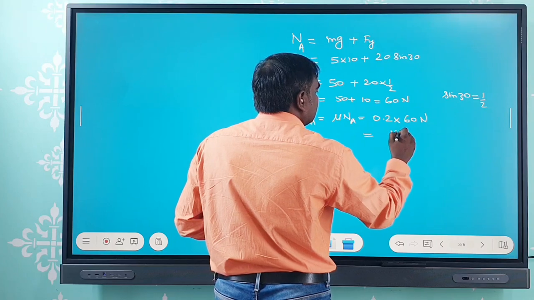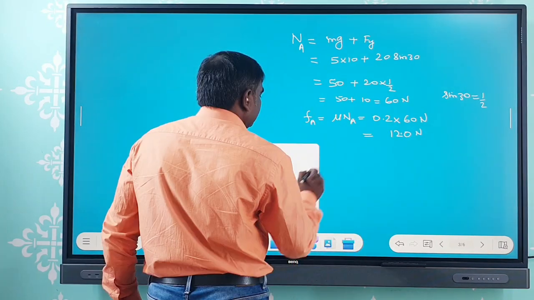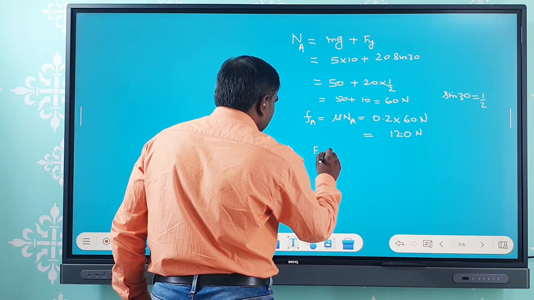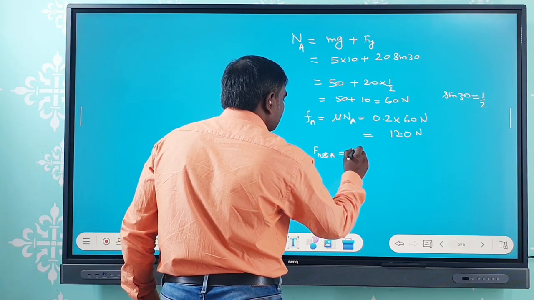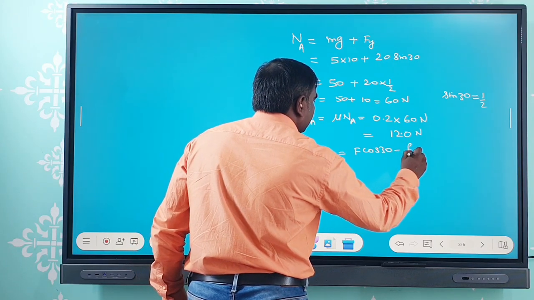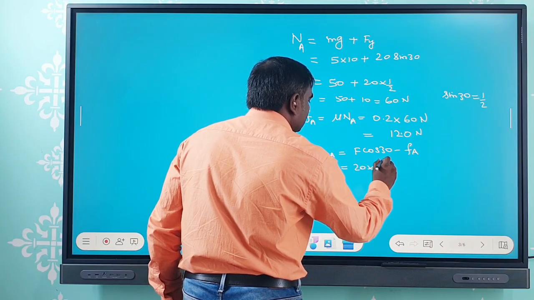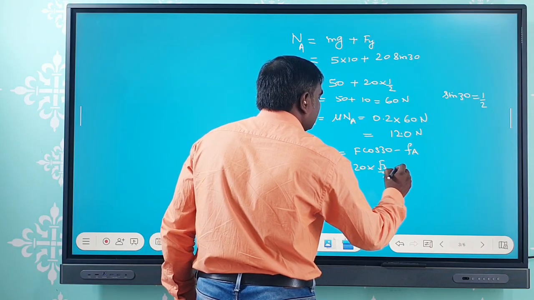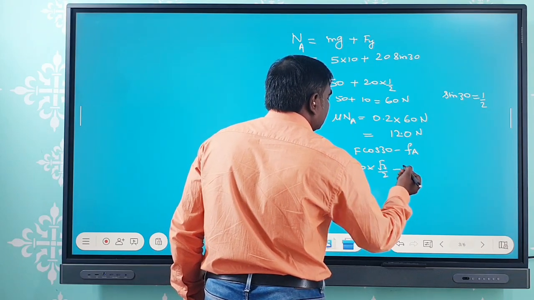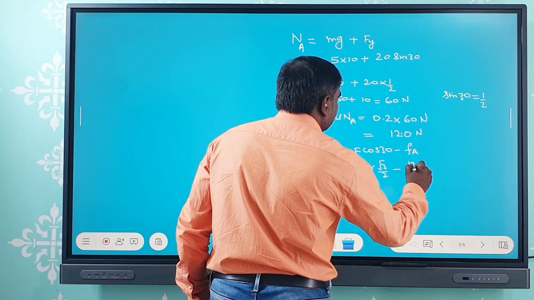So that is 12 Newton. Because the block is in motion, the net force F net A is equal to F cos 30 minus FA. That means 20 into square root 3 by 2, which is cos 30, minus FA, 12.